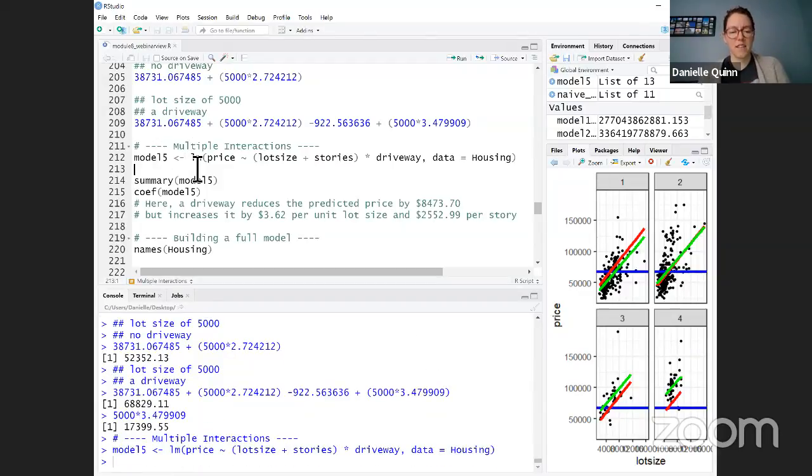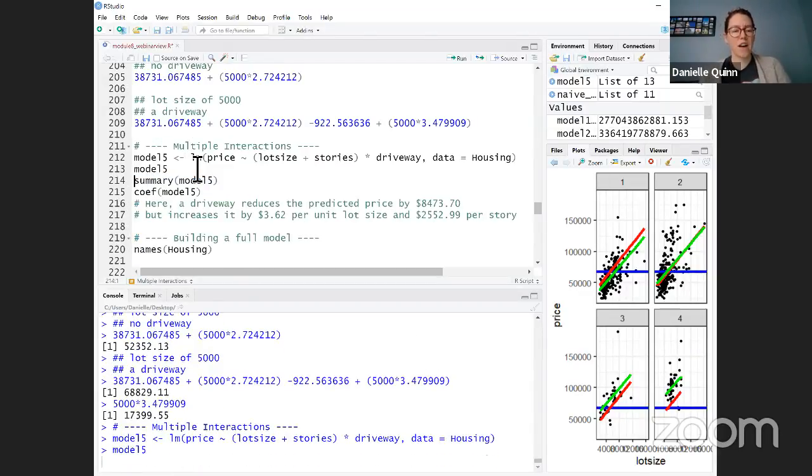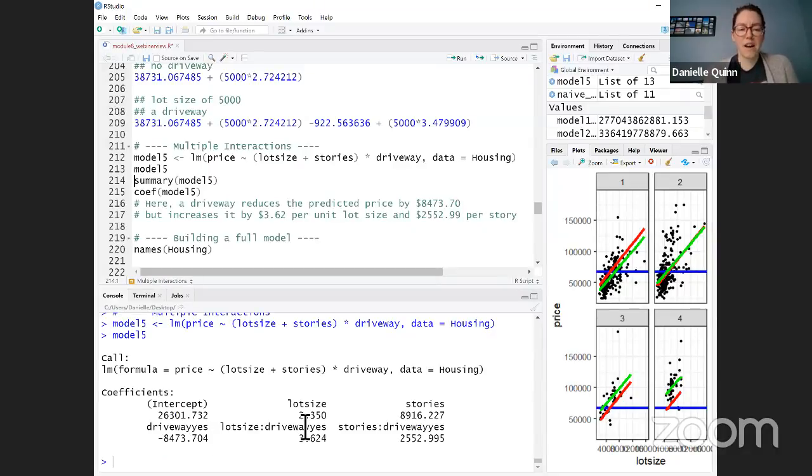you could see from model 5 that you now have a slope for lot size, a slope for stories, a value if the driveway is equal to yes, and then if there's a driveway, how does that change the value of lot size, and how does it change the value of stories? So you can make this much more complicated.